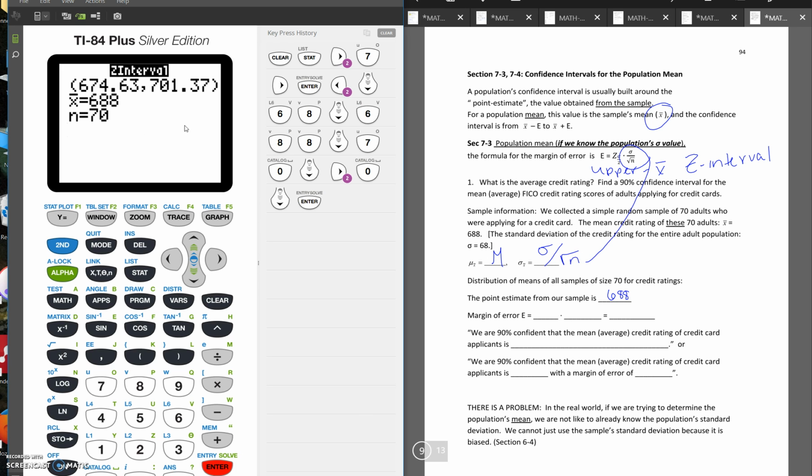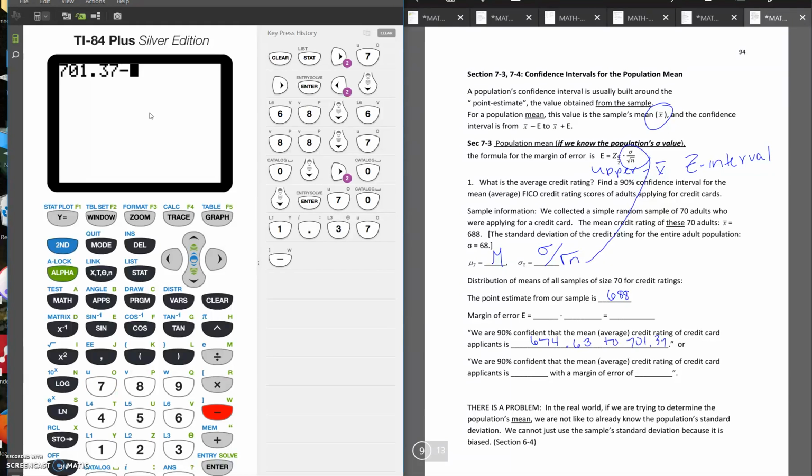Okay, so here's our interval. Now to find our E, we're going to write our interval here, 674.63 to 701.37. Remember, we can take that upper value, the 701.37, and subtract our x bar, 688.